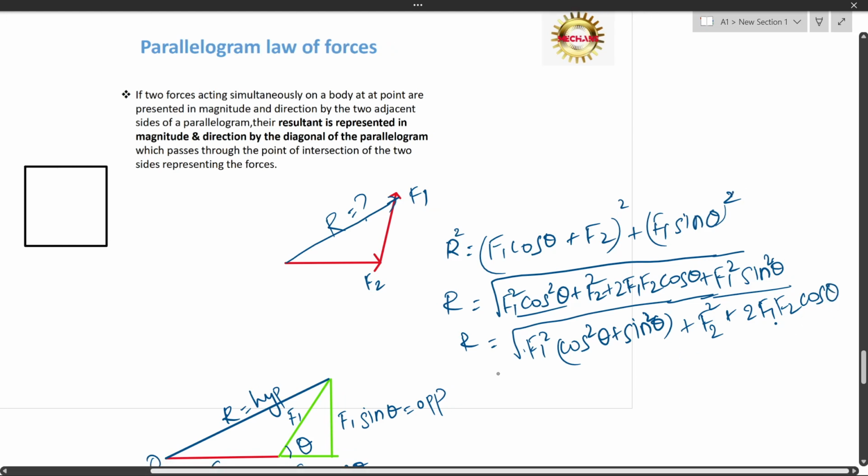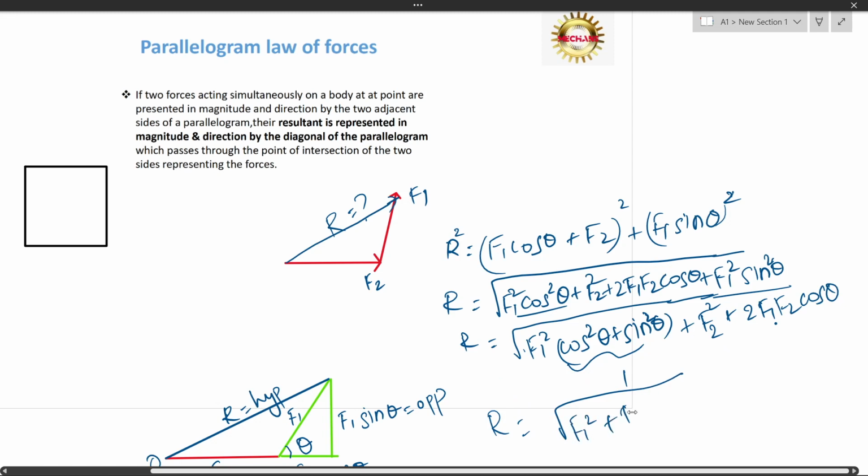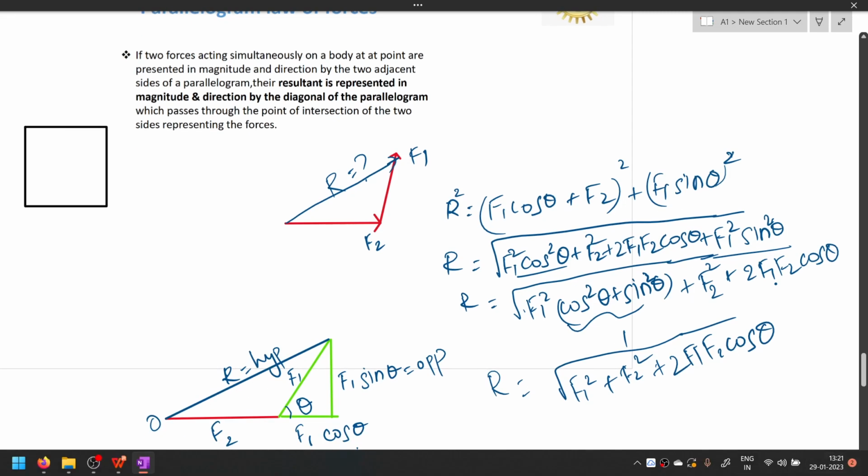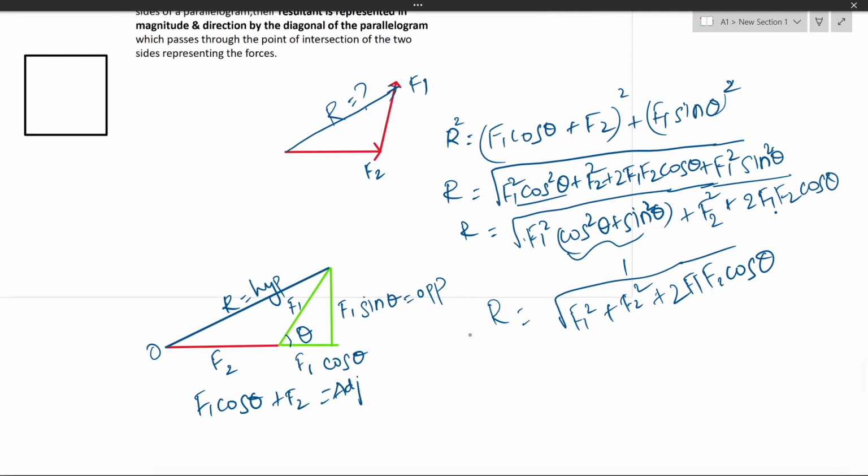This value, cos square plus sin square, is equal to 1 as per the trigonometric identity. So R equals the root of F1 square plus F2 square plus 2 F1 F2 cos theta. This is the formula to calculate the resultant value.